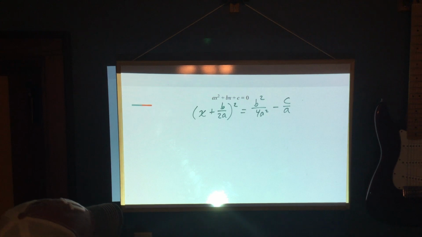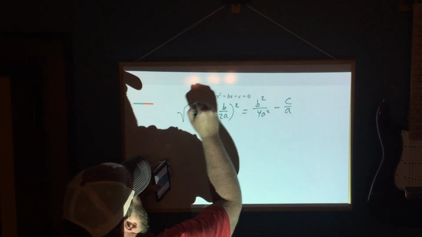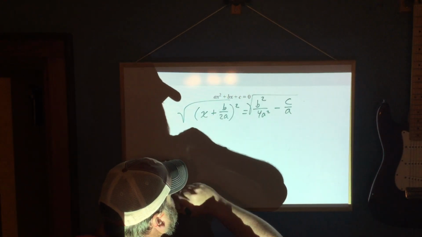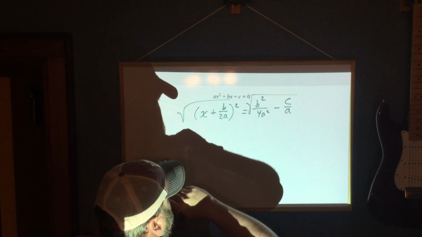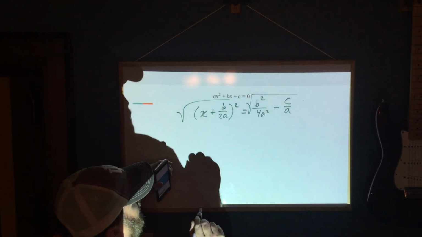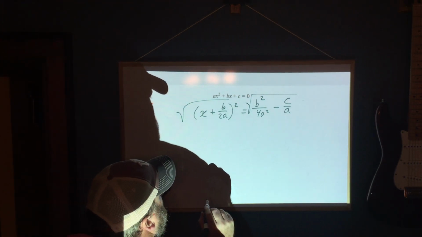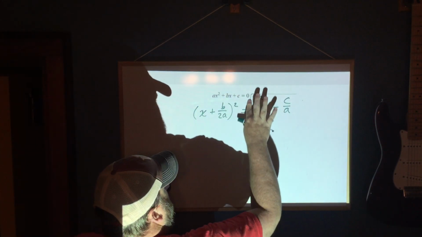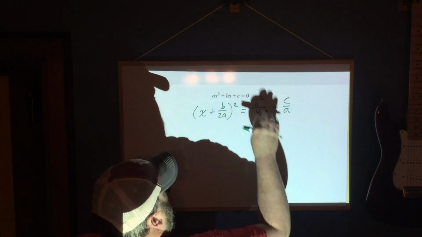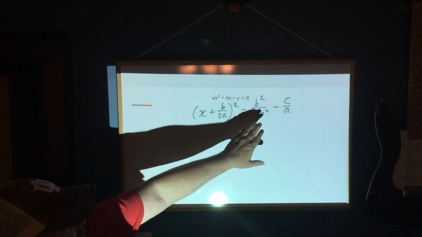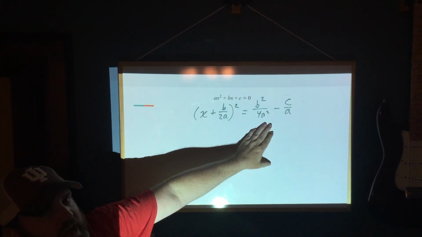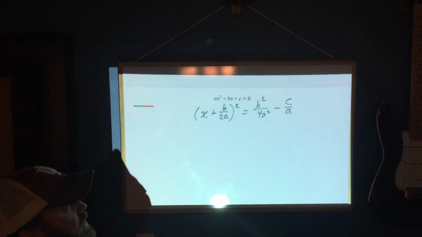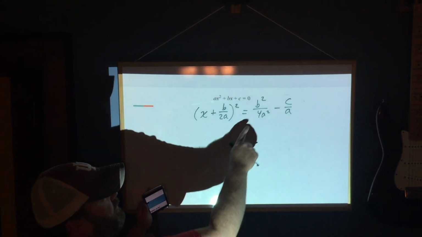Okay. So now we have to take the square root of both sides. Not yet. Sorry, we're not going to take the square root of both sides yet. We're going to get this with a common denominator first. So the denominator here is 4A squared.